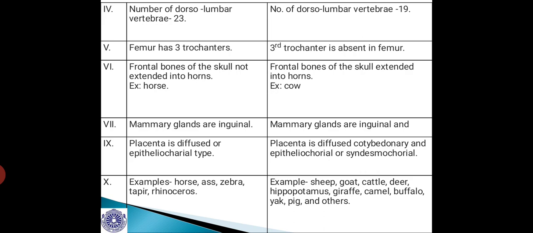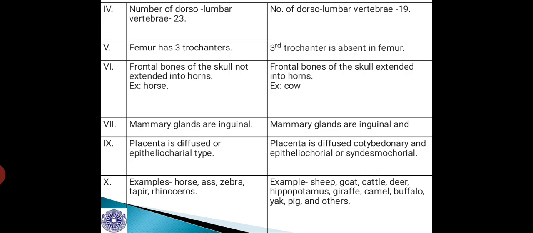And the mammary glands are inguinal in case of Perissodactyla. So also the same thing is with reference to Artiodactyla. And the placenta is diffused or epithelio-chorial type in Perissodactyla, and it is diffused and cotyledonary and epithelio-chorial type or syndesmochorial type in case of Artiodactyla.